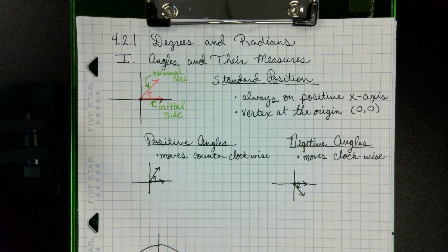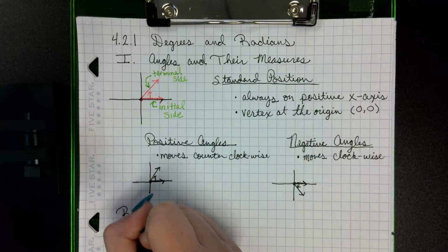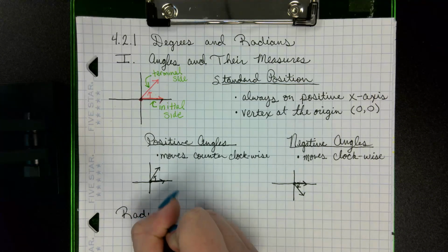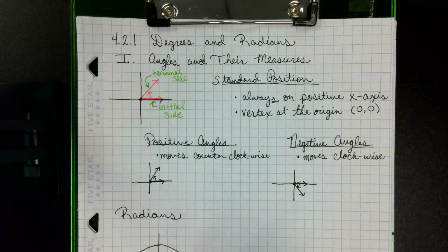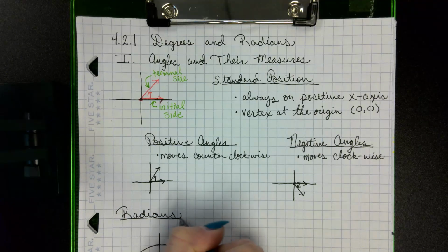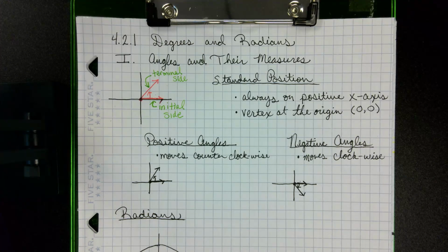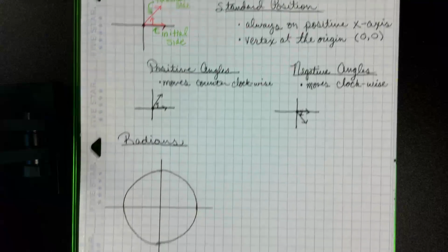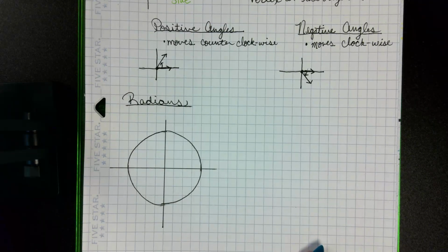Okay, so next up we're going to talk about radians. Radians. What are radians? And I cheated and I drew my circle ahead of time. But first we're going to talk about what they are, and then I'm going to get to that circle.